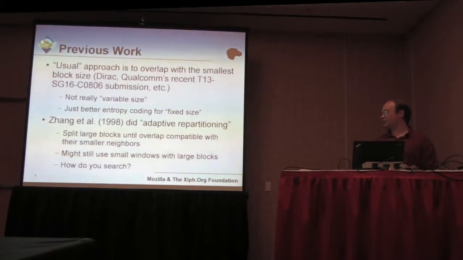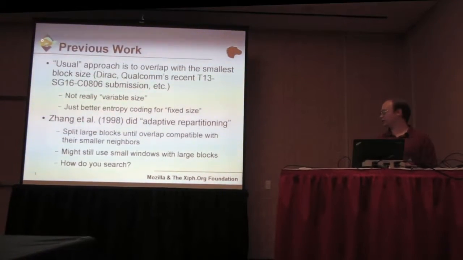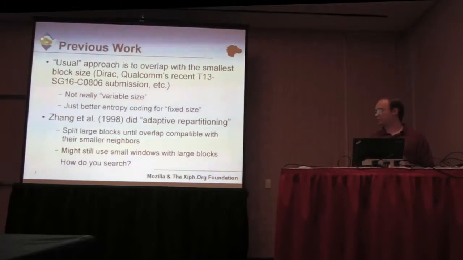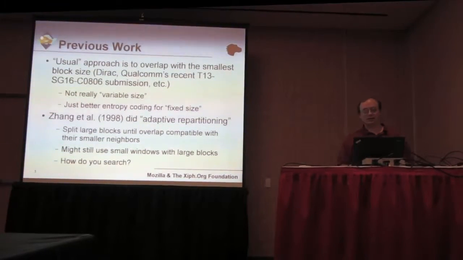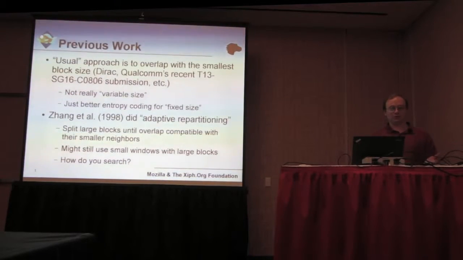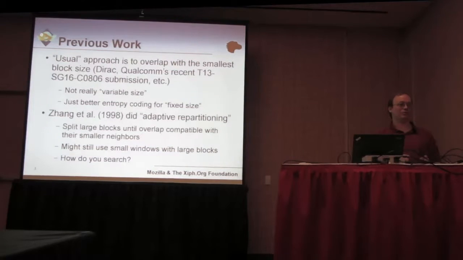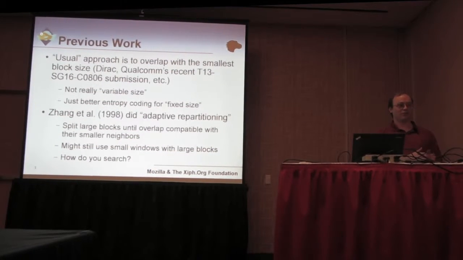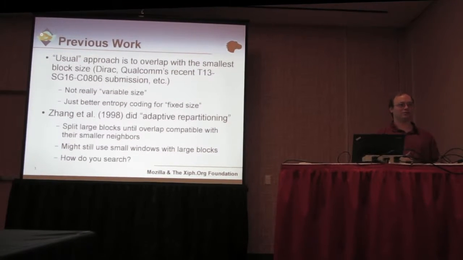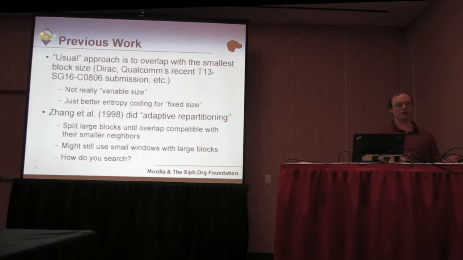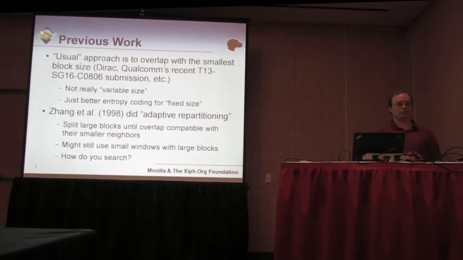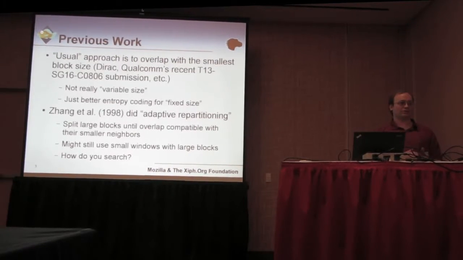There was actually a paper in the late 90s by Zhang et al. that proposed doing something called adaptive repartitioning. The idea is that it would split the large blocks until the overlap was, quote-unquote, compatible with their neighbors: the amount of overlap you had to do with your neighbors was less than 50% of the size of the neighboring block. That would let you use larger windows in at least some areas, depending on how your neighbor was constructed.